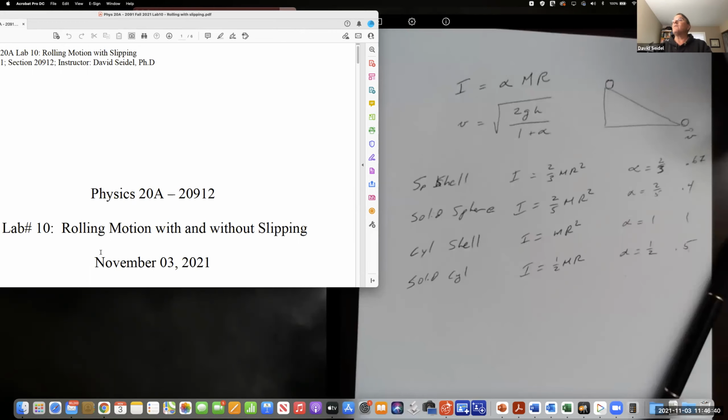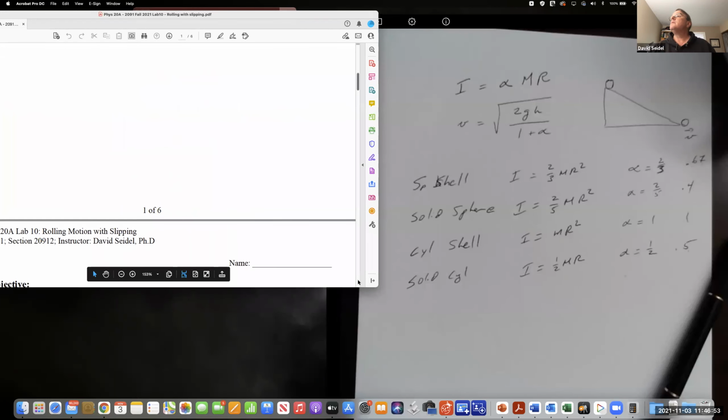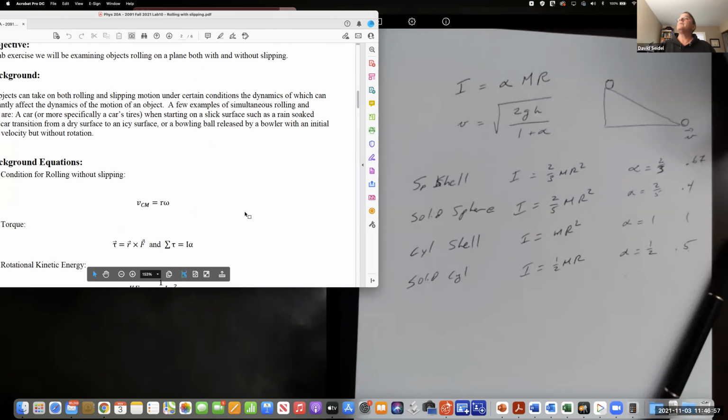So we're going to look at motion with slipping of a round object. Okay, now remember our background equations. V center mass is equal to R omega is a condition for rolling without slipping.